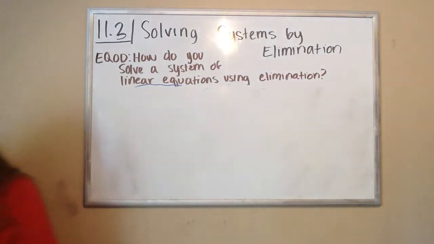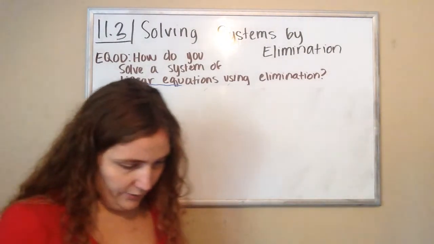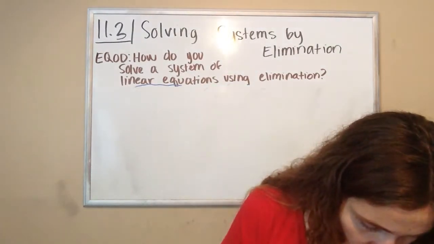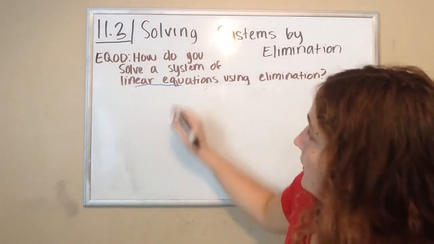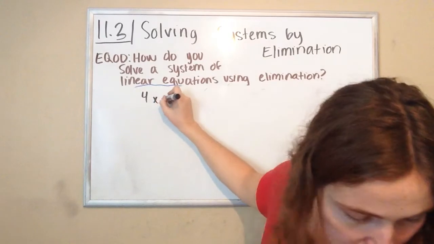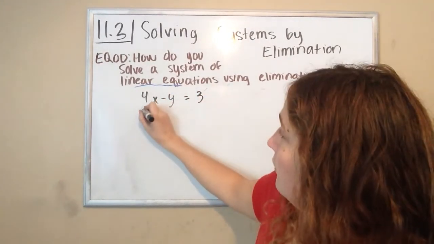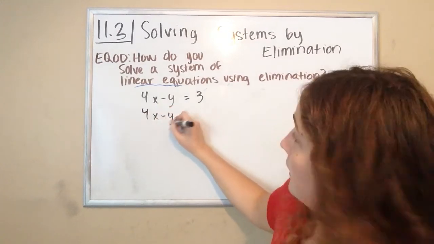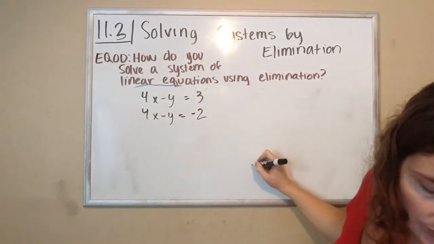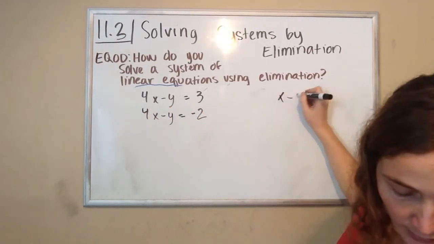You got 2 practice problems, and then you have 1 video to watch after this. Or 2 practice problems. 4x minus y equals 3. 4x minus y equals negative 2. That's one system of equations.